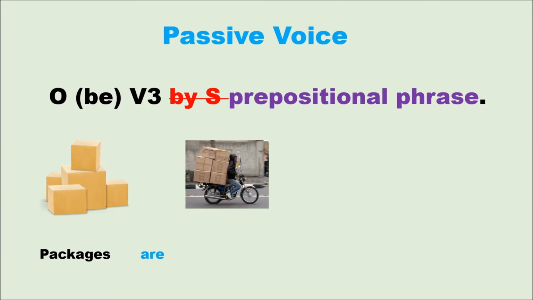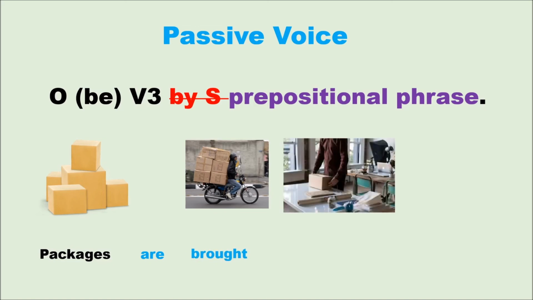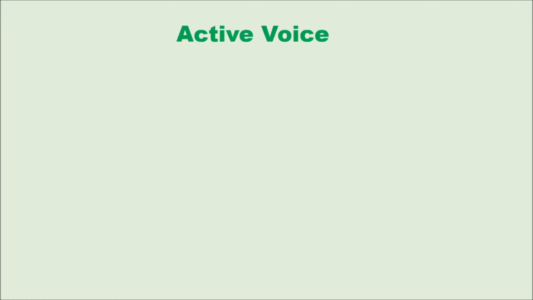And what's the verb 3 form for it? Brought. Brought is correct. Excellent. We're going to delete the subject and leave the prepositional phrase in place. The prepositional phrase to your desk stays where it is. Packages are brought to your desk. Excellent. Because we all know it will be the delivery person that brings them, we don't really need it in the sentence. Shall we look at another example of an active voice sentence?